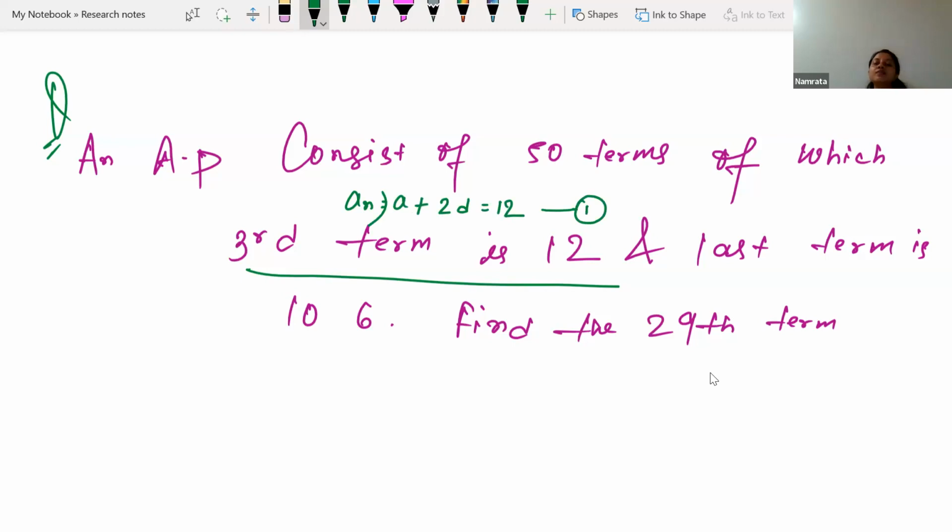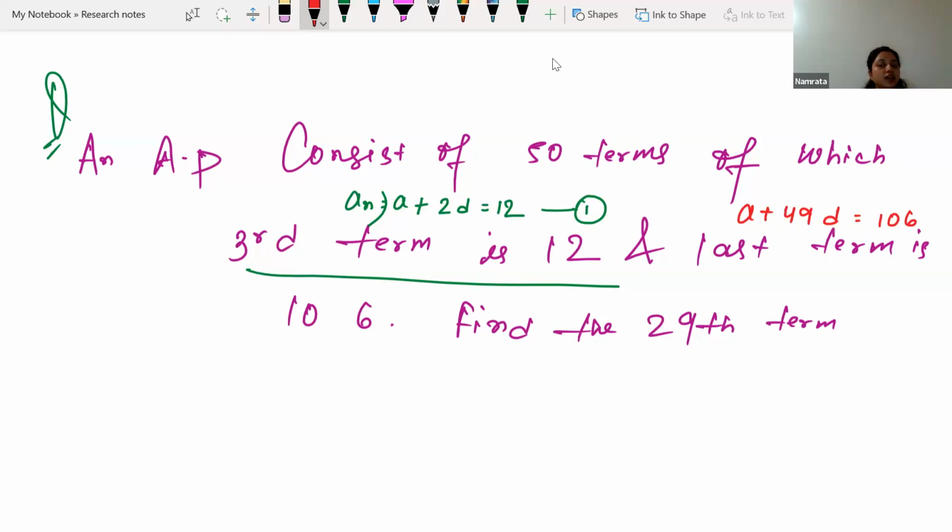What about equation number 2? We can say that A plus 49D is equal to 106, right? Yes, exactly.